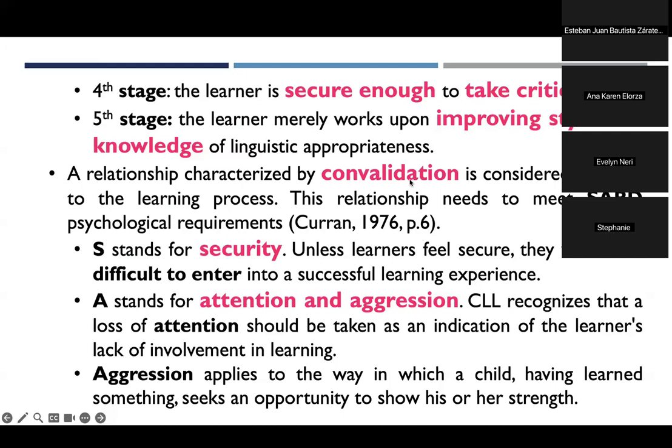So let's see how this convalidation process or this relationship is established to meet SARS.